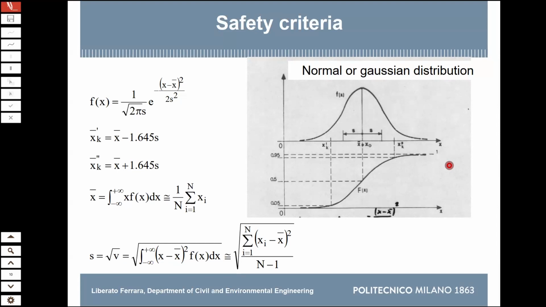So if you calculate the integral of this function up to here, which is 0.5 for this Gaussian, it means that the probability that this phenomenon assumes values which go between 0 and x bar is 0.5, is 50%. Probability ranges between 0 and 1. 1 means certainty, 0 means impossibility.